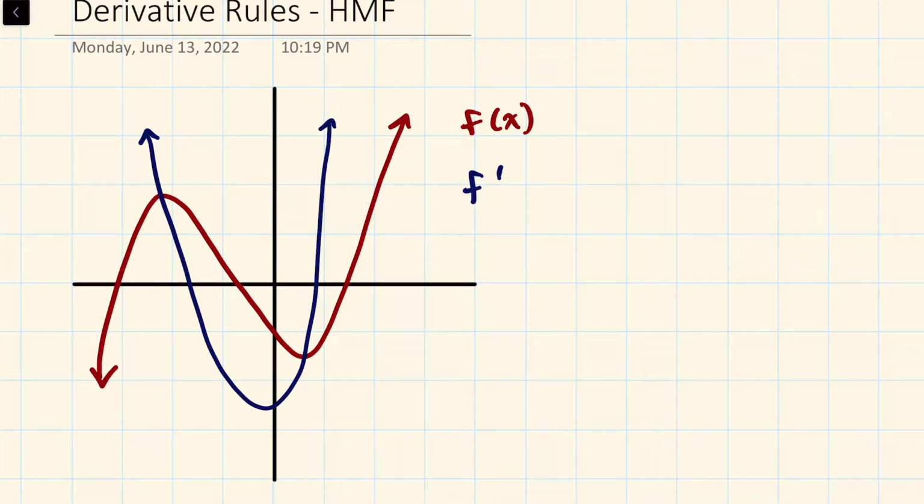That's f prime of x. It's not exactly what it's going to look like, but it represents the slope of the tangent lines across this first line here.